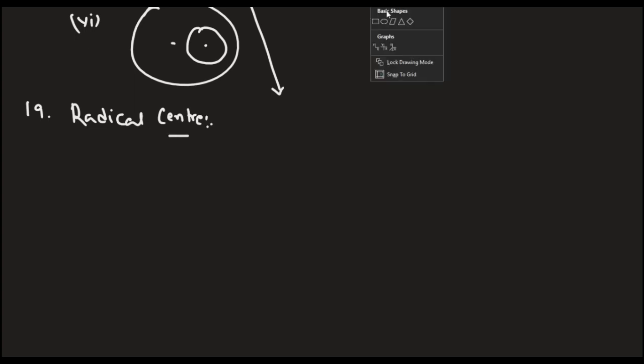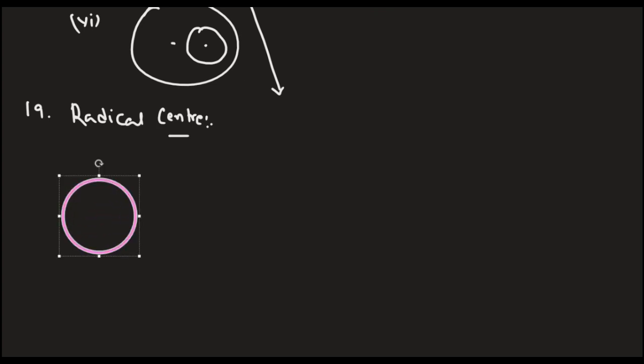Suppose we have three circles. We have one circle like this, and another circle like this one. Now this one is another circle.